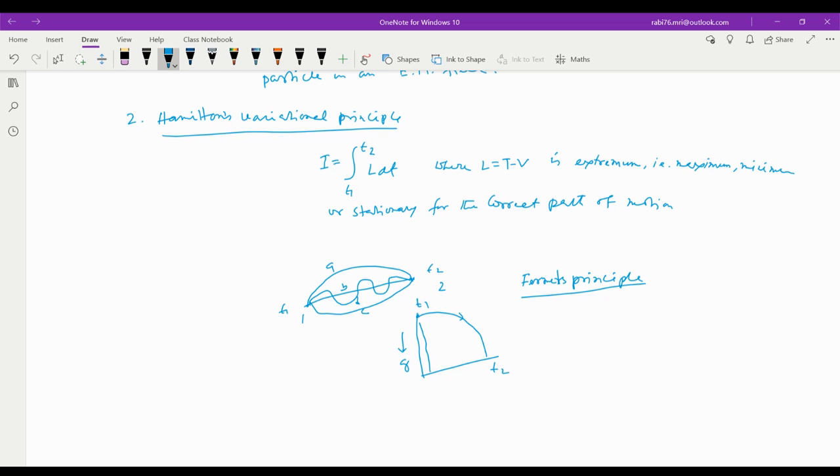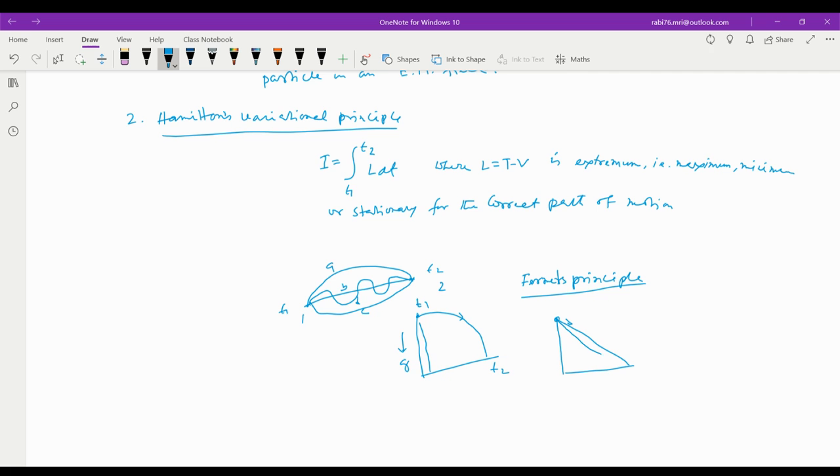I can give you one example. Suppose a particle is rolling on an inclined plane. You put a particle here, it will roll on the inclined plane.